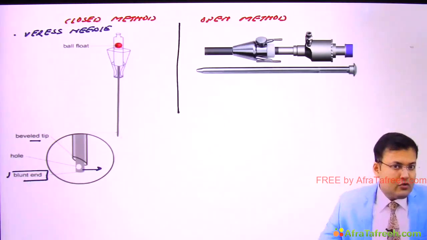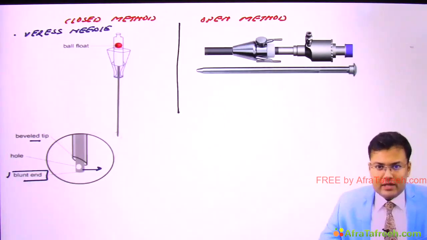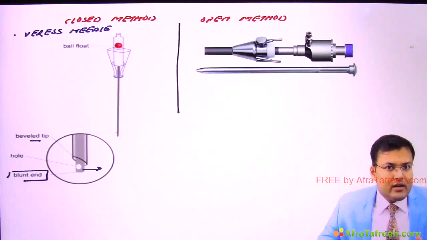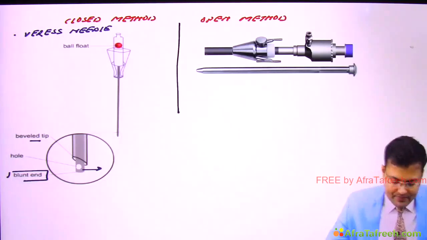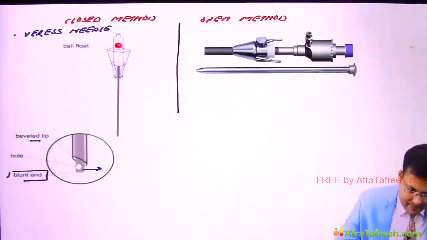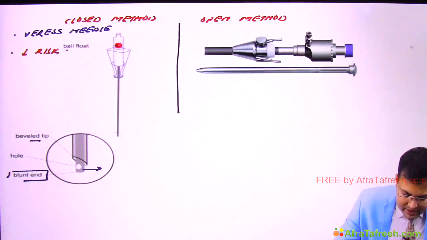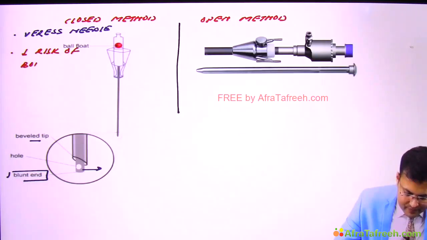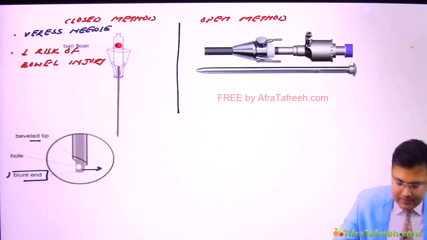And if we want to decrease the risk of vascular injury, since the pneumoperitoneum is created under direct vision, we use Hassan cannula. So Veress needle has a low risk of bowel injury because of the safety valve at the tip.